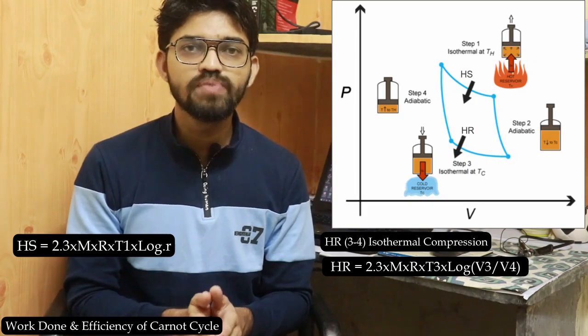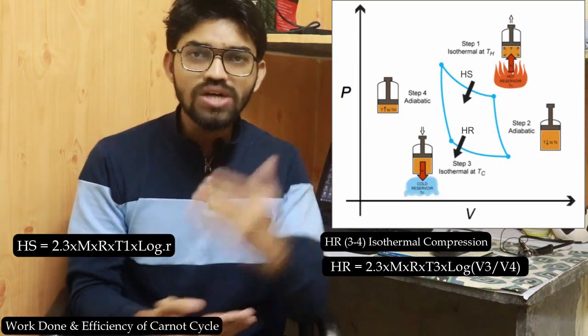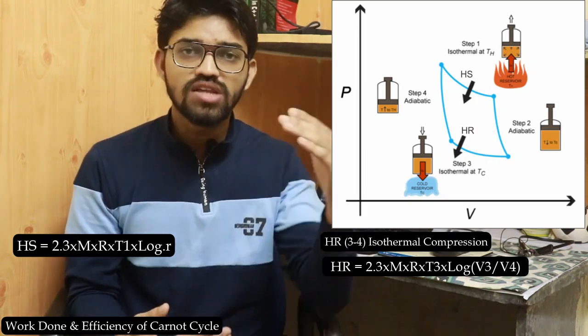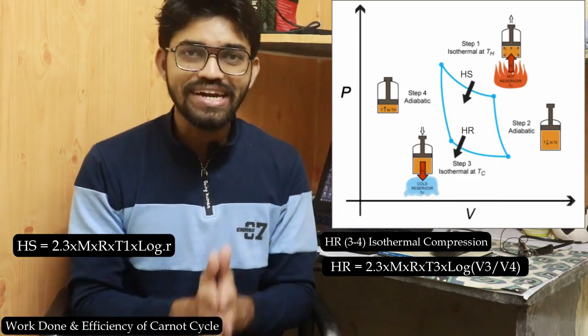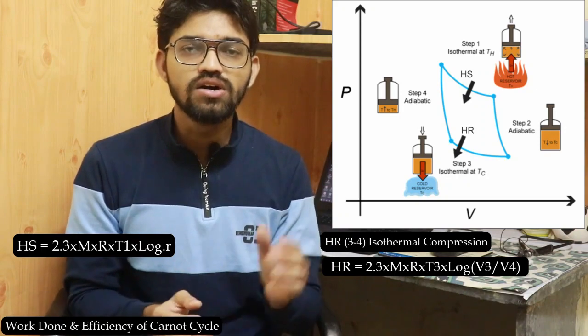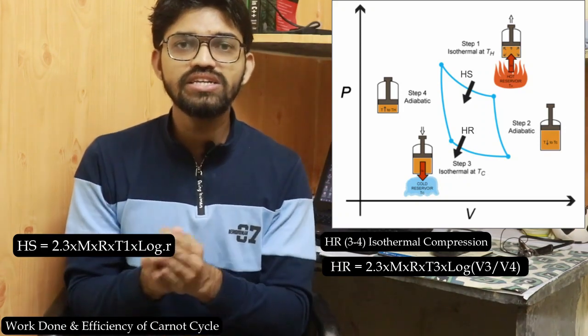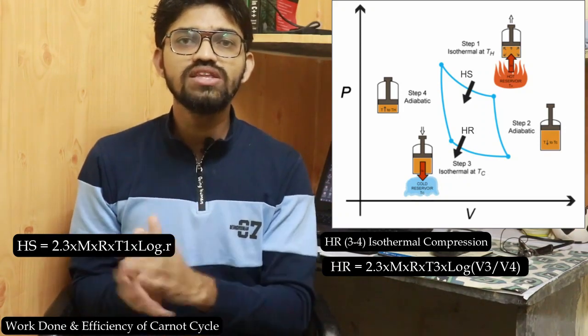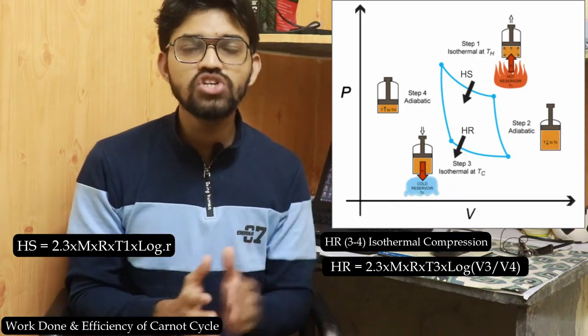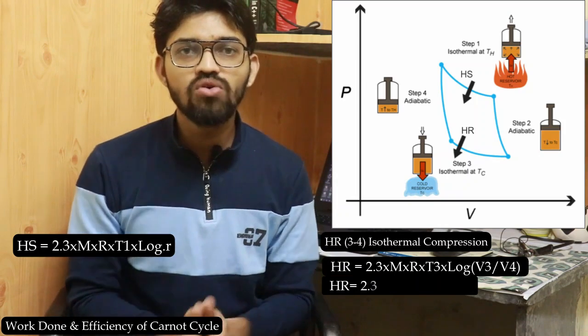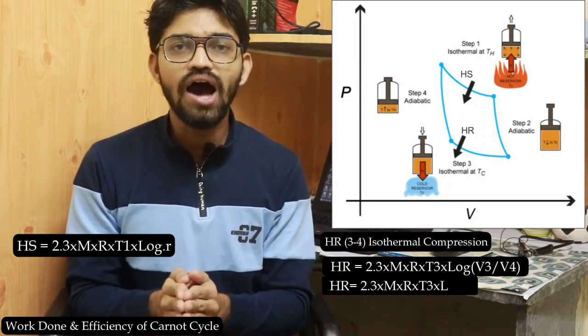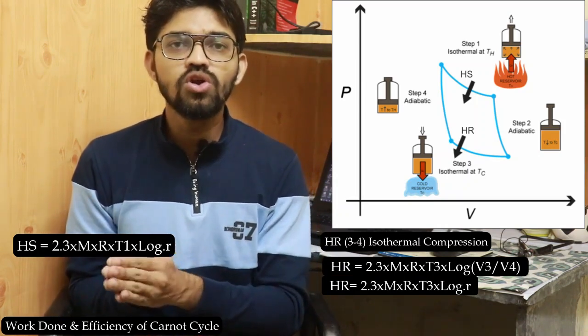So we can use this particular temperature T3, that is the lowest temperature in this particular thermodynamic cycle. So the formula for heat rejected will become 2.3 into mR T3 into log V3 by V4. So over here the compression will occur, so that's why the compression ratio is the same. So we can write it down like 2.3 into mR into T3 into log R.